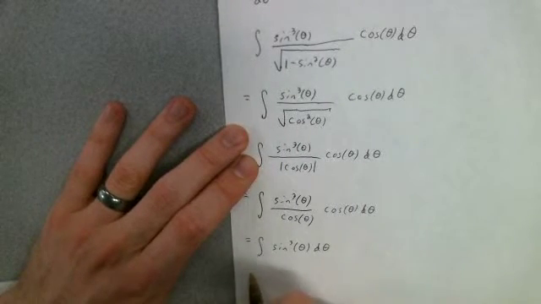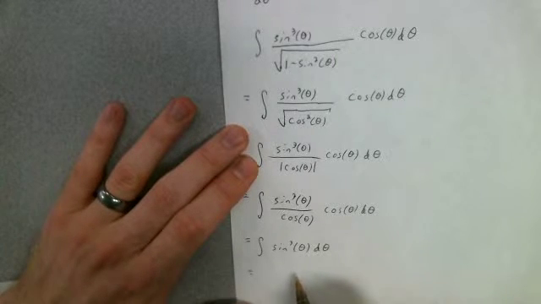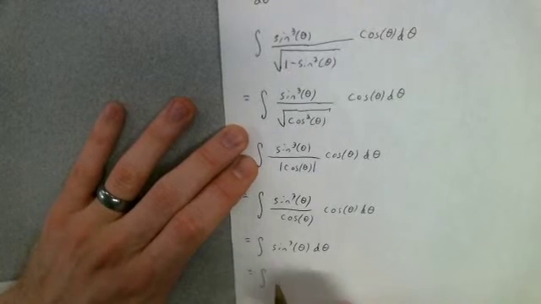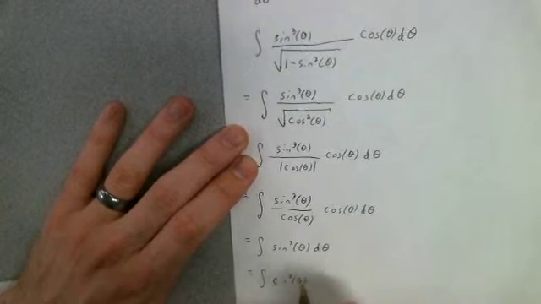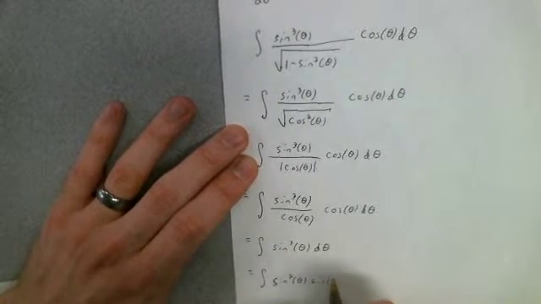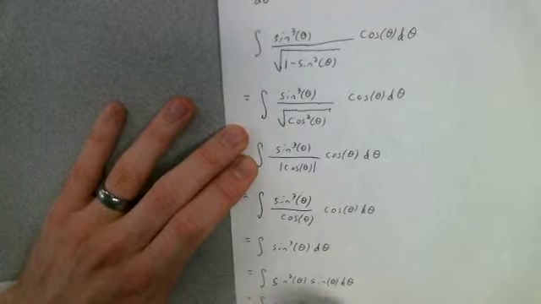Okay, well, we know how to do this integral. We got to make this look like stuff with cosine in it times sine. So I'm going to pull off a sine here so that I have sine squared times sine of theta d theta. I take sine squared, I replace that with 1 minus cosine squared.